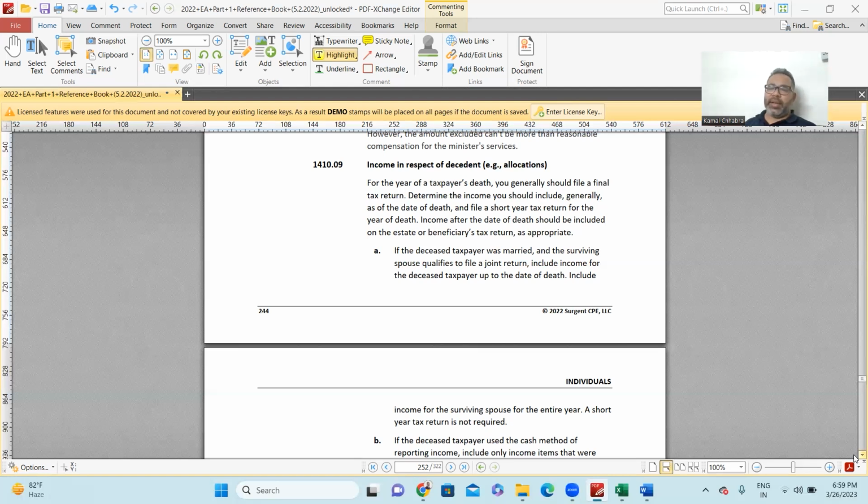One is the final tax return of the person who has died, and the second is the descendant's tax return. Make sense? Any doubts so far? If Mr. X and Mrs. X were filing a joint return, then how many tax returns do they need to file? Two. No.